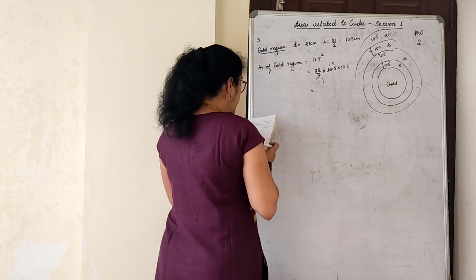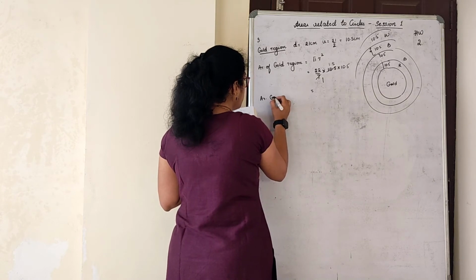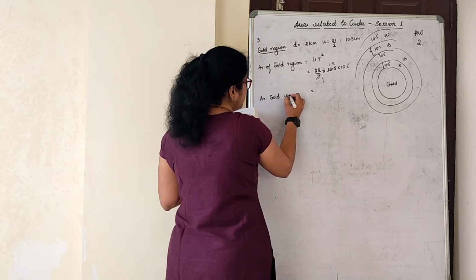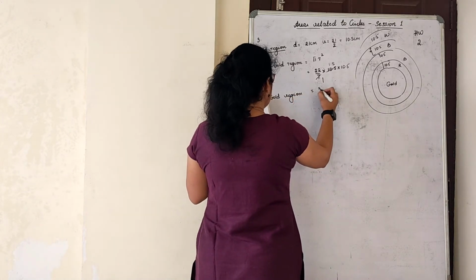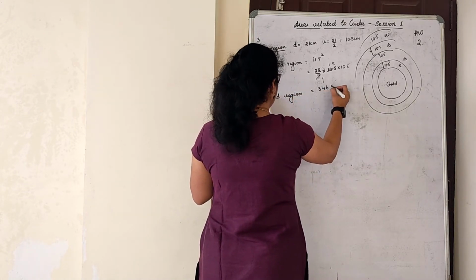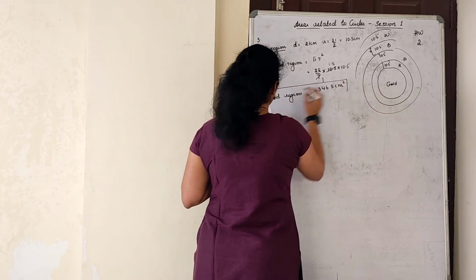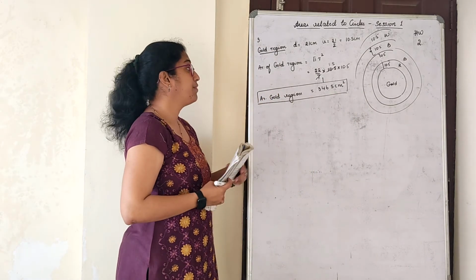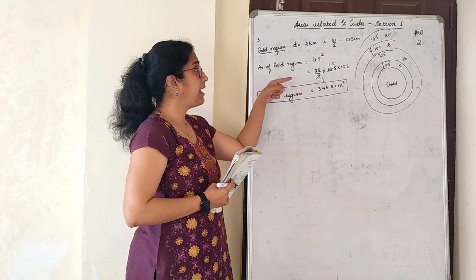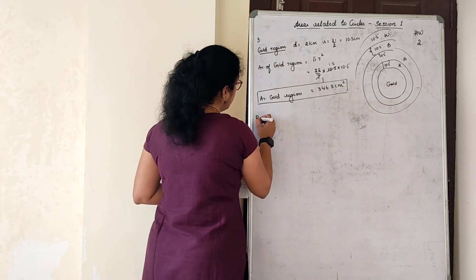So just multiply. Area of gold region, when you multiply you will get it as 346.5 centimeter square. Right? Similarly, I have to find area of red, blue, black and white. Next, we'll talk about now red region.